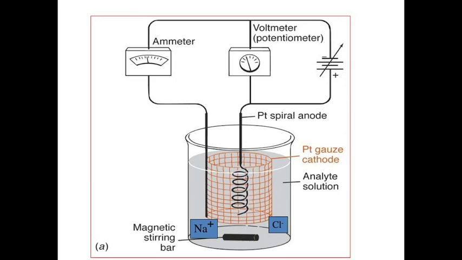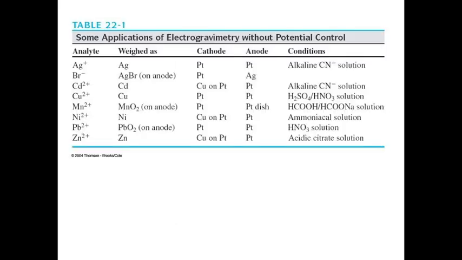Here is how the voltmeter and ammeter are connected in your cell. A magnetic stirrer will also be provided. The purpose of this magnetic stirrer is to keep the concentration of the electrolyte uniform in the solution. Some applications of electrogravimetry without potential control: the analyte is Ag.